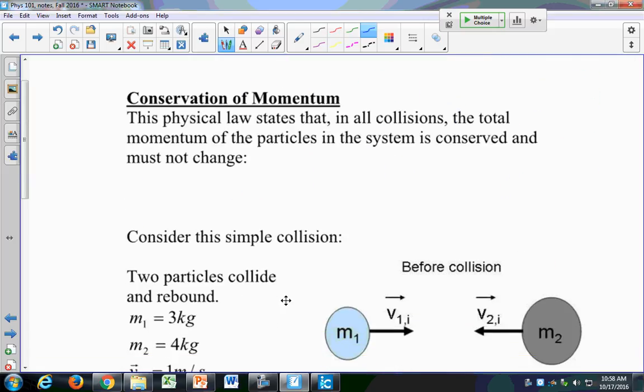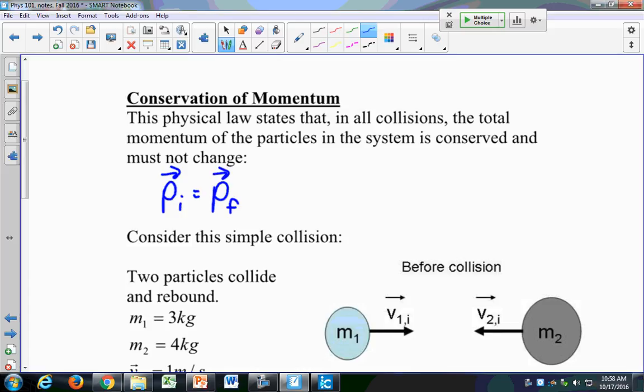Okay, so let's look at conservation of momentum. This says that in all collisions, the total momentum is conserved and it must not change. So for our system, it says that the initial momentum is equal to the final momentum. Remember, these are vector quantities. Sometimes you'll see this written in a different way.